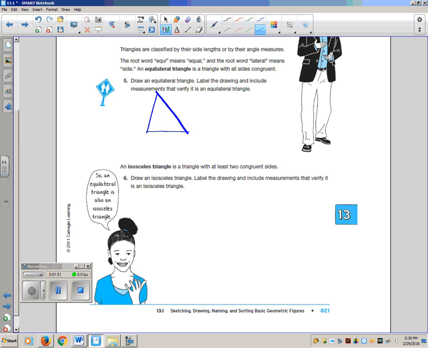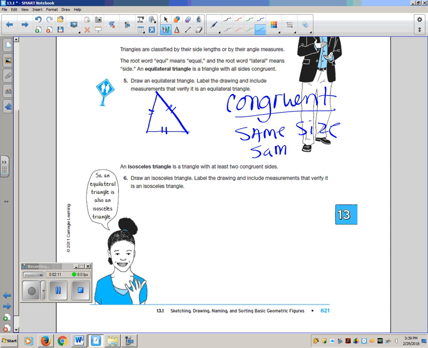That means all sides are equal. We put the lines on the sides of the triangle to show that they are congruent. Write this word down, congruent. Same size, same shape. Get this on your note sheet.